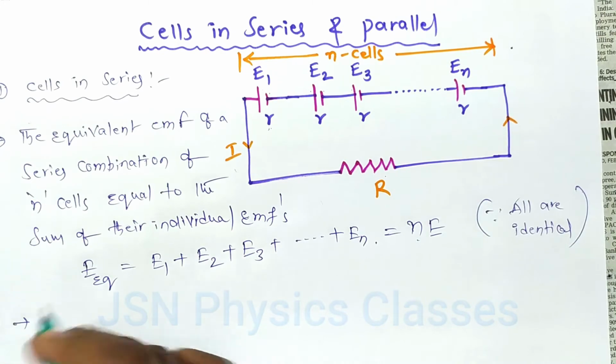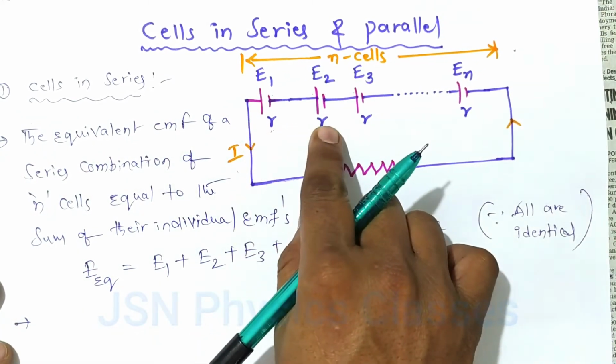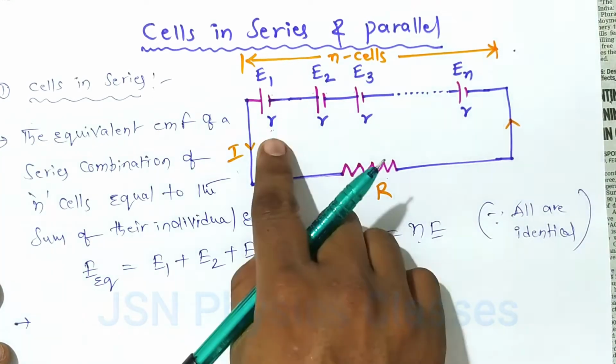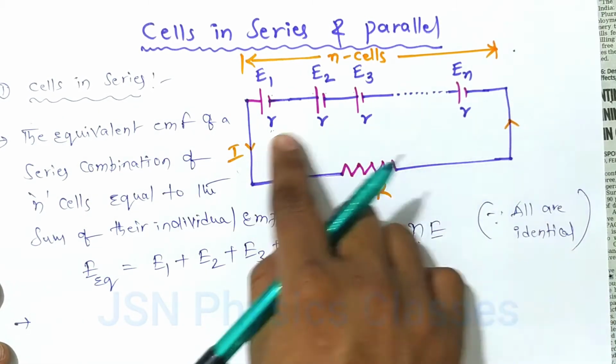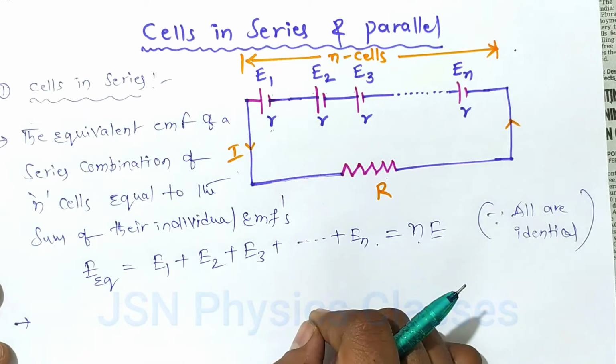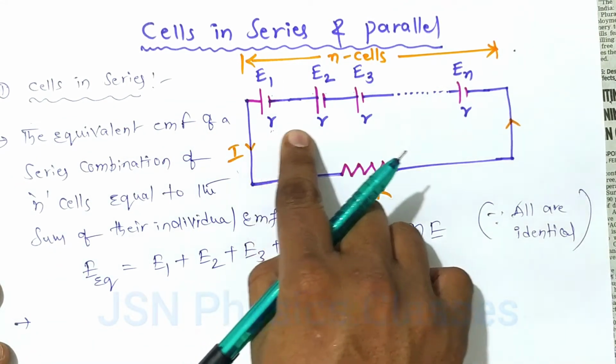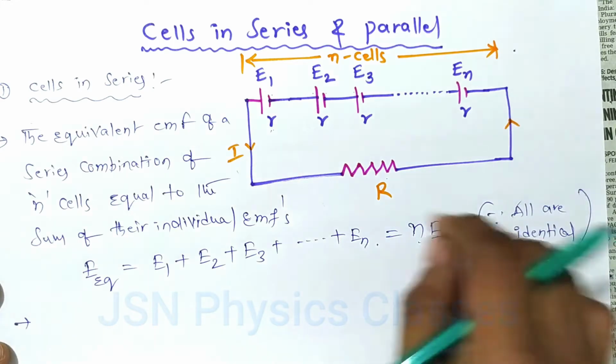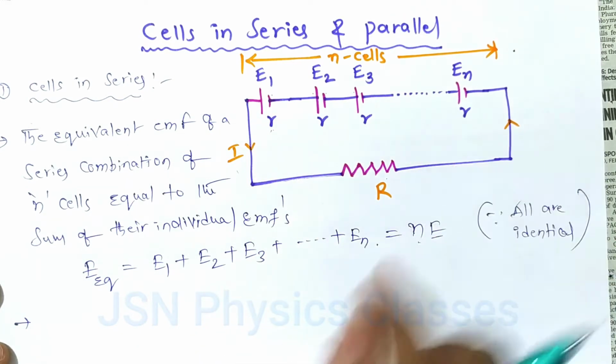The next point: each and every cell has some internal resistance, and these internal resistances are in series. We know from the previous class that if resistors are in series, the equivalent resistance is the sum of all the individual resistors.